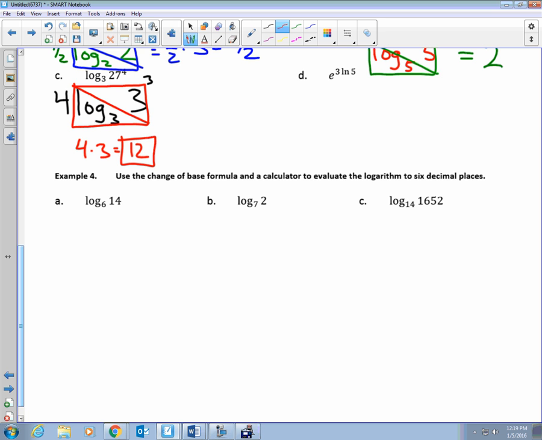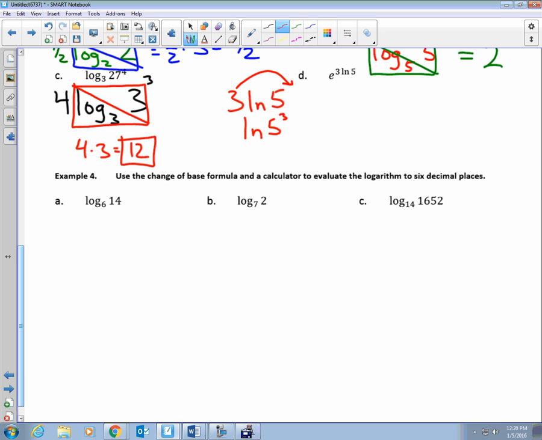So I have a base of e. What is the base of the natural log? Base of e. They just cancel. If I had just 3 natural log of 5, how can I go to that? Natural log of 5 to the third.